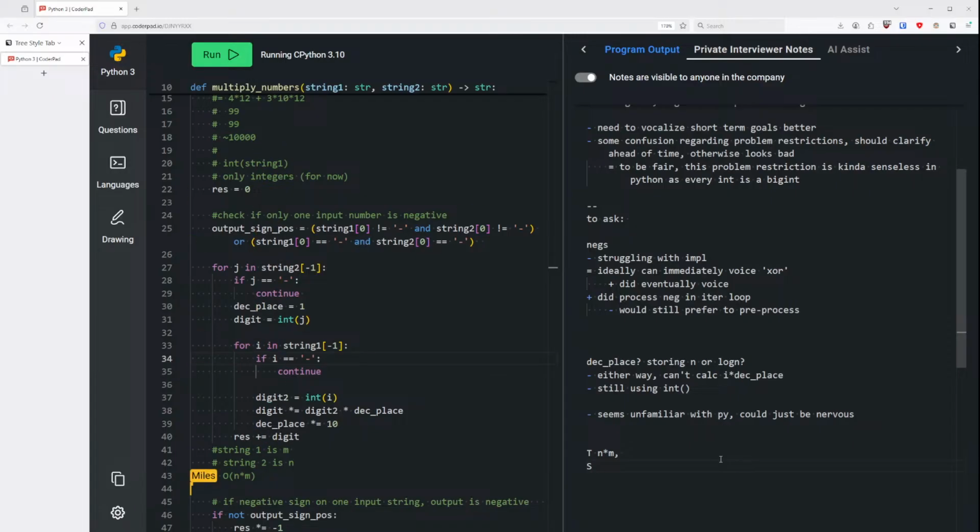So maybe the final string that we have to store would be 2 times max of n and m.